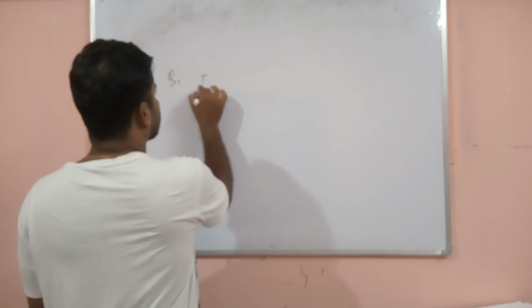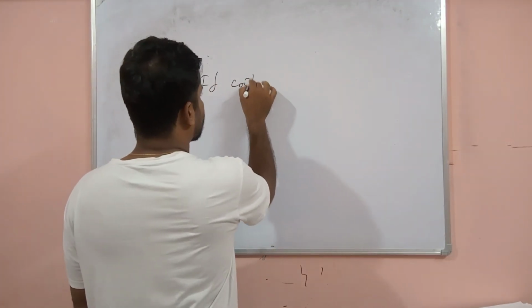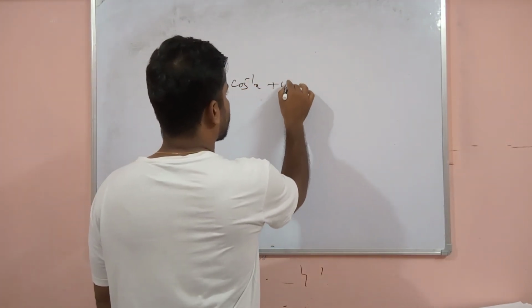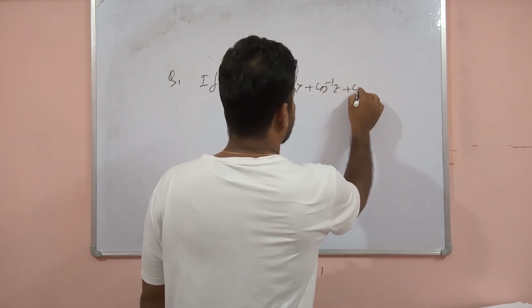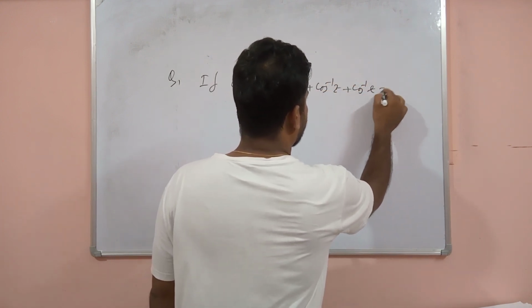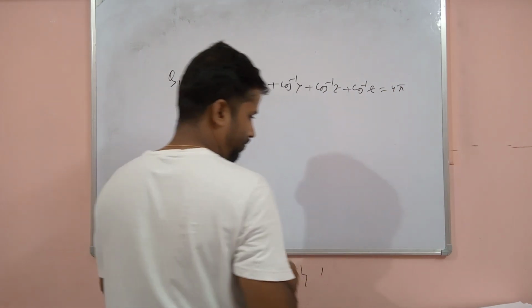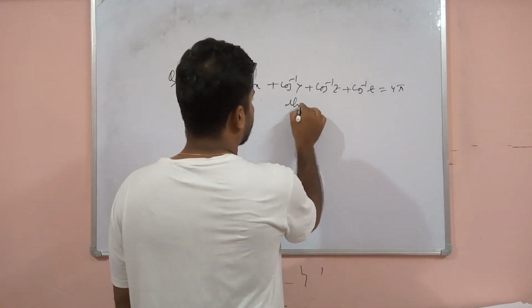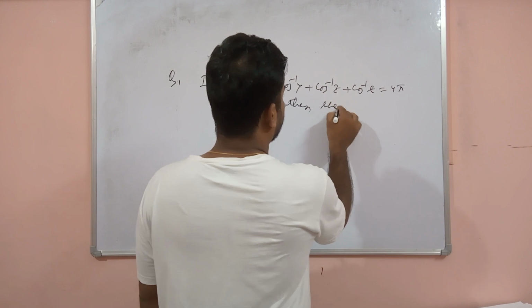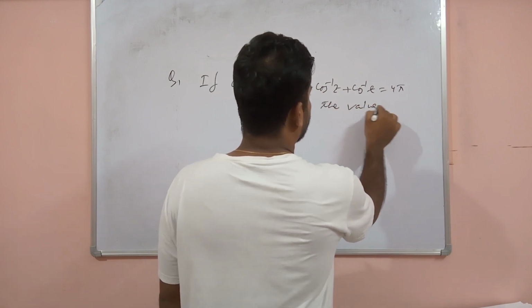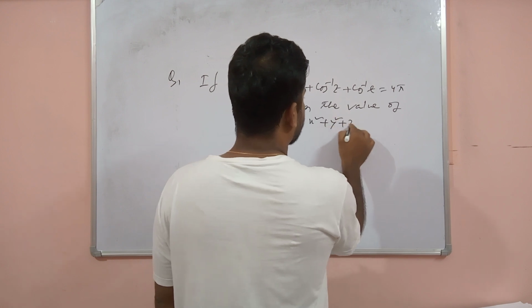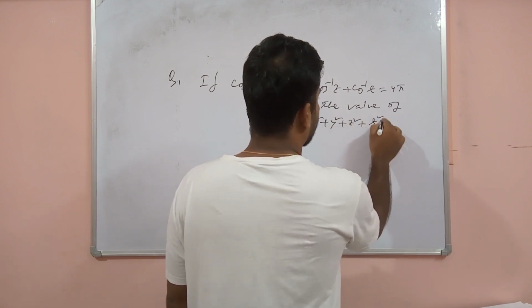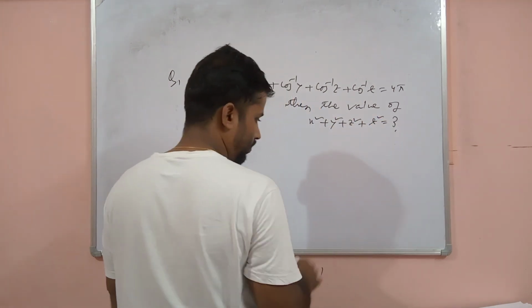If cos inverse x plus cos inverse y plus cos inverse z plus cos inverse t is equal to 4 pi, then the value of x square plus y square plus z square plus t square is equal to what?